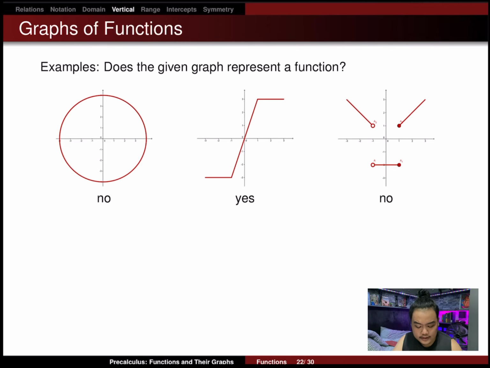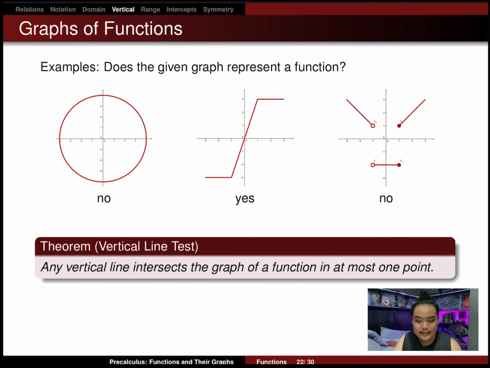ay yung second lang ang nagre-represent ng function. So, how do we determine from the graph if it represents a function or not? So, we use the vertical line test. So, according to the theorem, any vertical line intersects the graph of a function in at most one point. So, for example, this is not a function. A vertical line intersects the graph at more than one point.